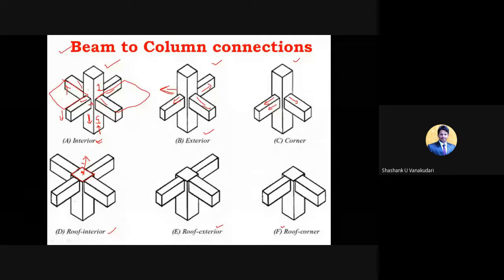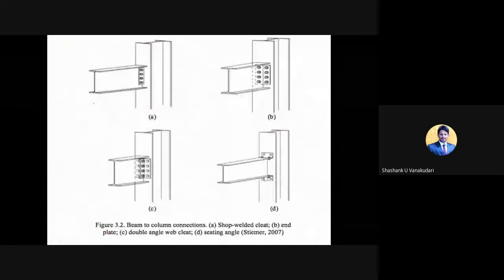These are the different types of connections, and here you can see how exactly they provide these connections. These particular figures, A, B, C, D, show different types of connections from beam to column. This is considered as the beam, and this is considered as the column.